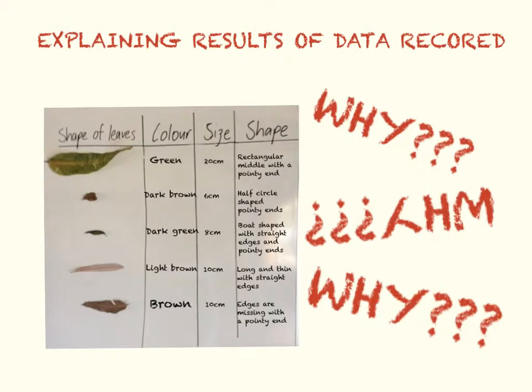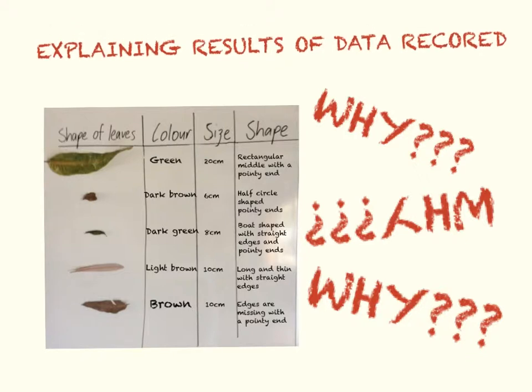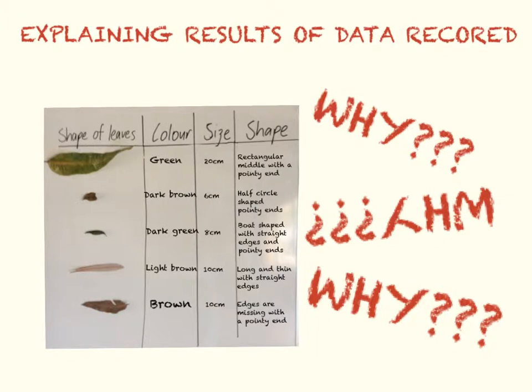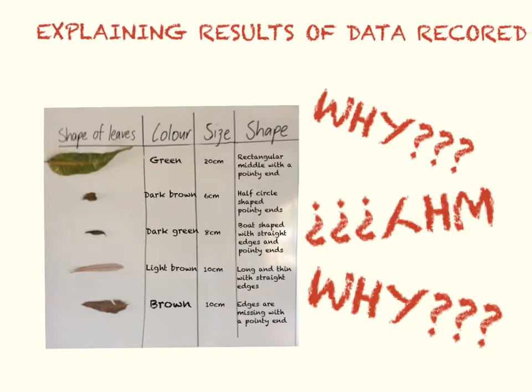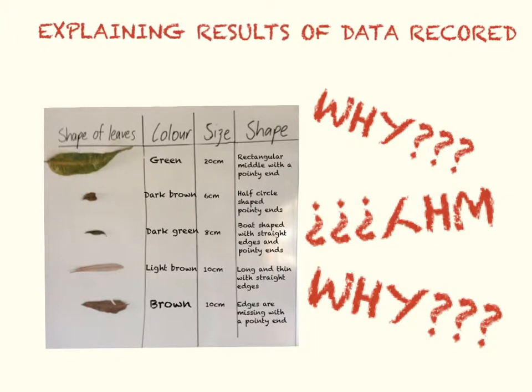In this video, we are going to be explaining results of data recorded. So we have already recorded the results. We went outside and looked at different shapes of leaves found in the garden. We looked at 5 different shaped leaves: 1, 2, 3, 4, 5.